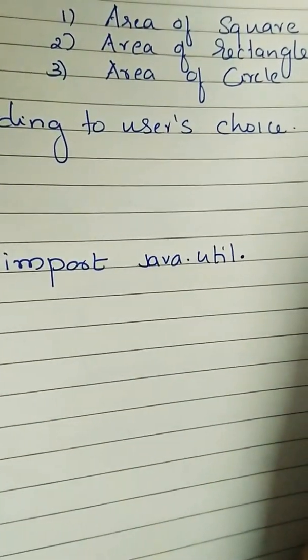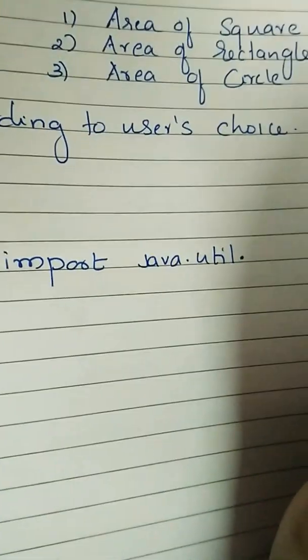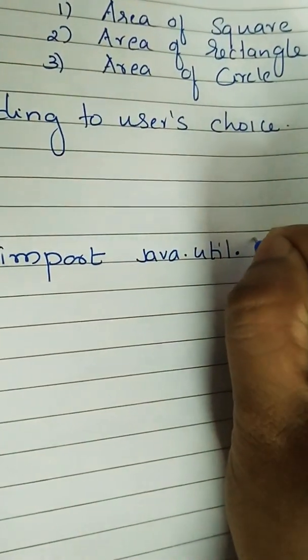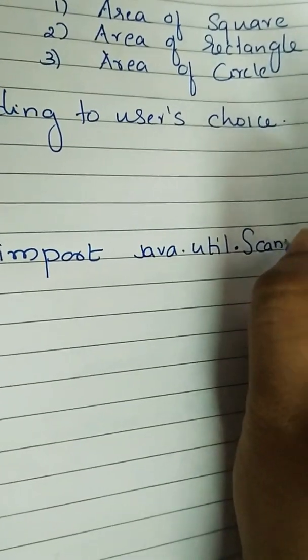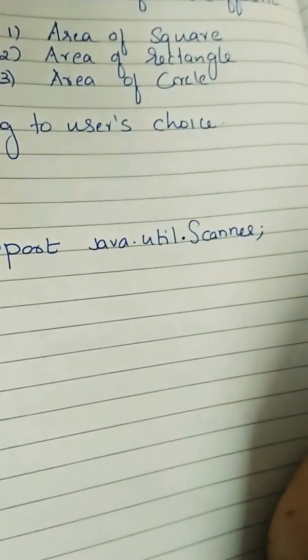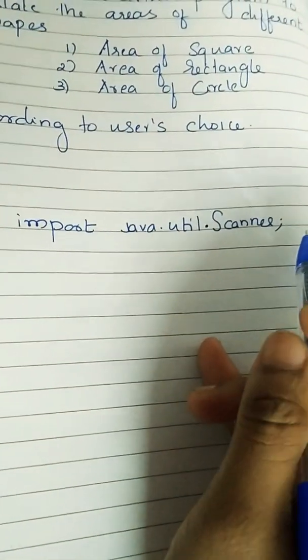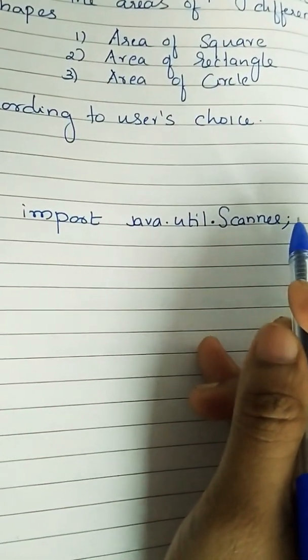Asterisk means all the classes coming under the java.util package will come to your program. Here I want only Scanner, so I will write the class name and then you put a semicolon. Okay, so this is the step to bring the package into your program. So whenever you write a program by using a scanner class, this step is very compulsory, otherwise it will show an error.